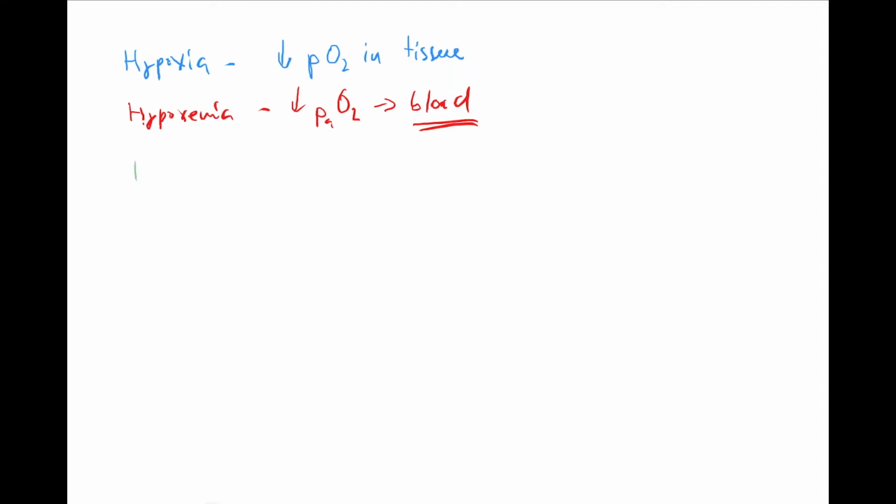So very important term, hypocapnia. Decreased partial pressure of CO2 in blood. Okay. And there's another term, anoxia, but we don't use that too much. Anoxia means there's no oxygen in the blood.